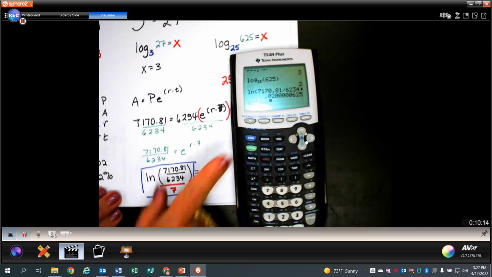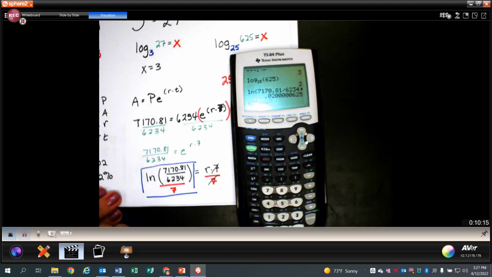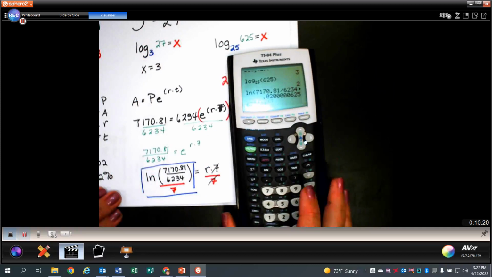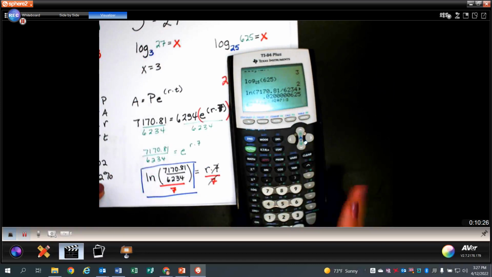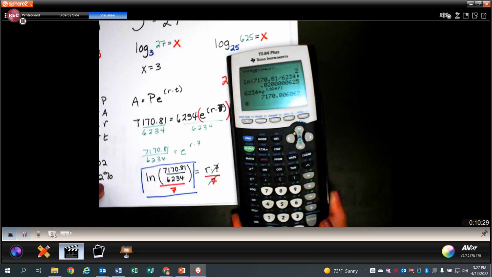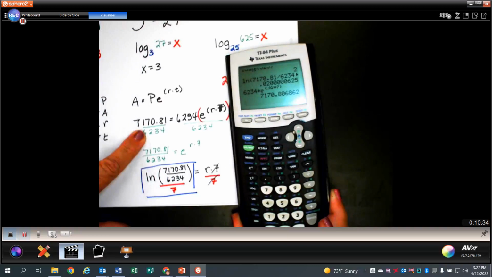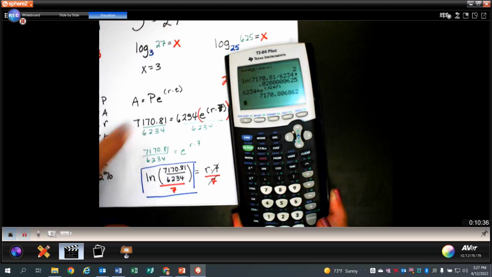It brings me to the exponent position there. And so I can type in parentheses of 0.02 times 7, and your parentheses, and then hit enter. And that brings us back to the 7170.81. If I round, then I would get 0.81.